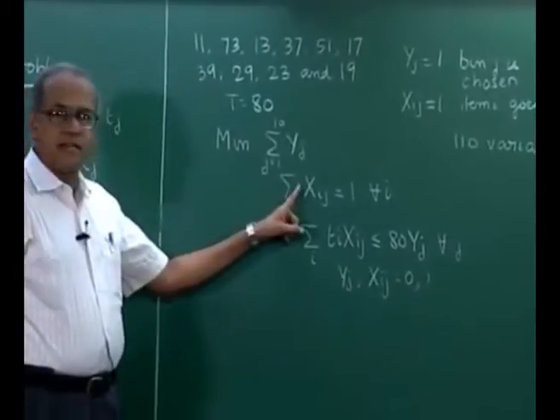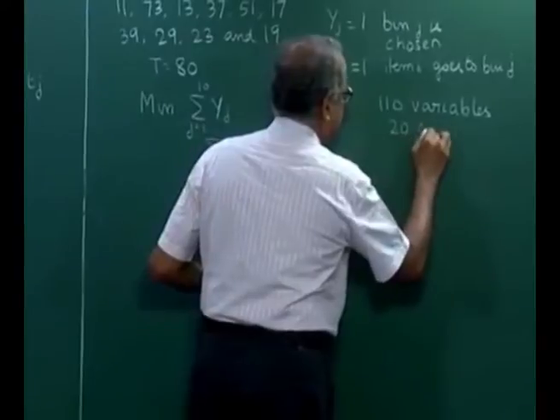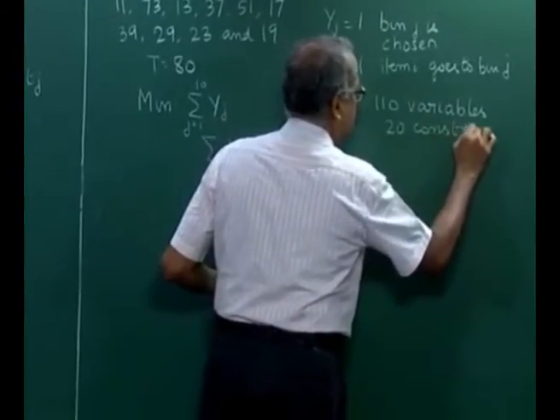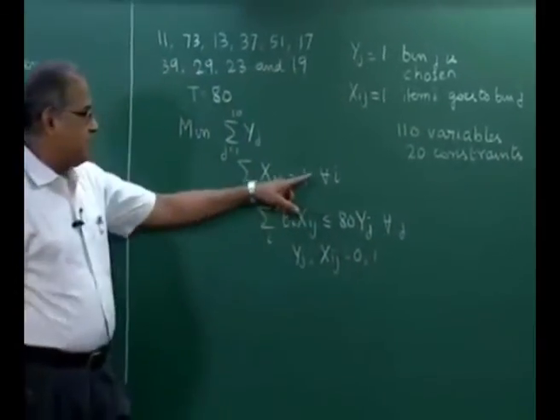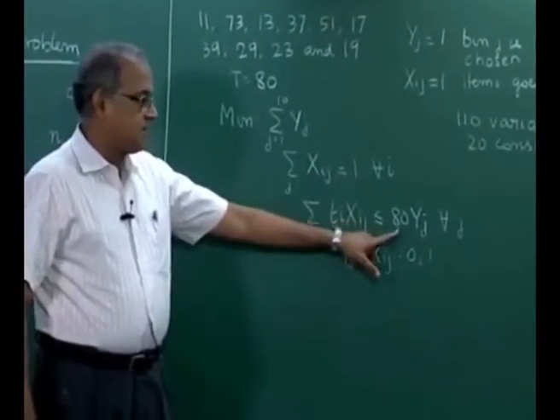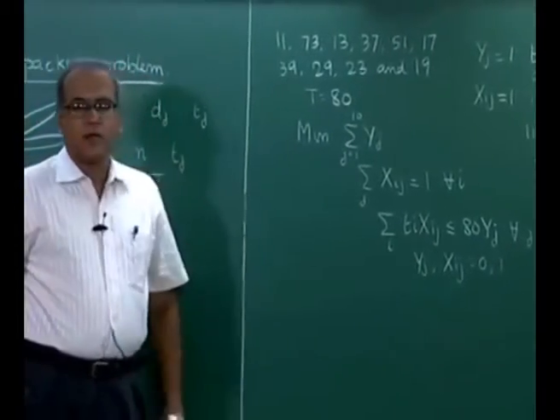And then there will be 10 constraints here and 10 constraints here, so there will be 20 constraints. This constraint is for every item, and this constraint is for every bin. So there will be 110 variables and 20 constraints.